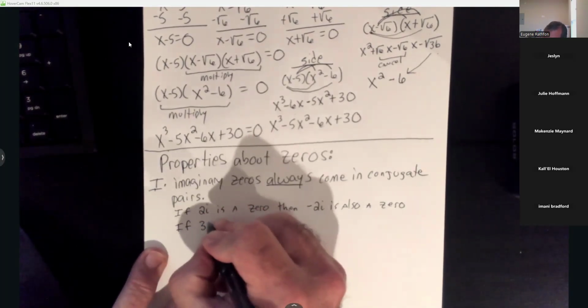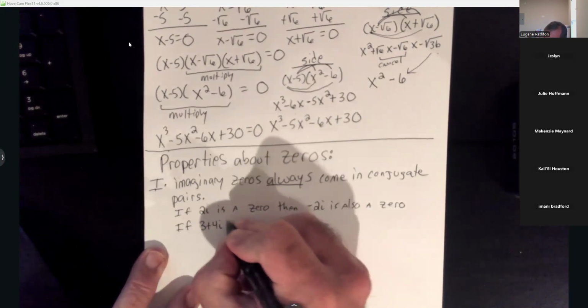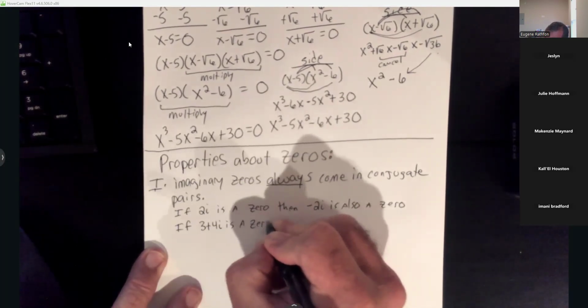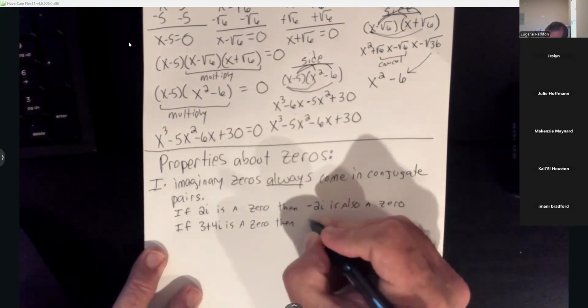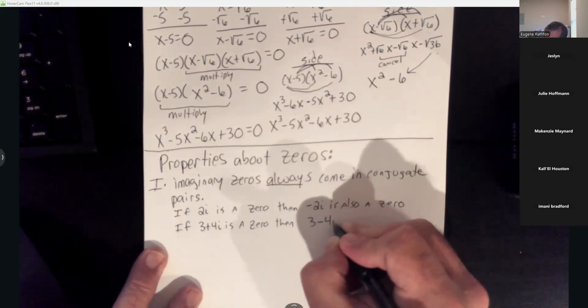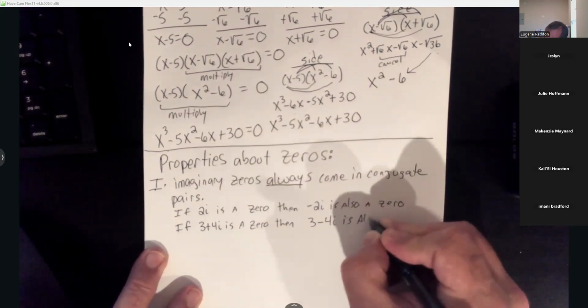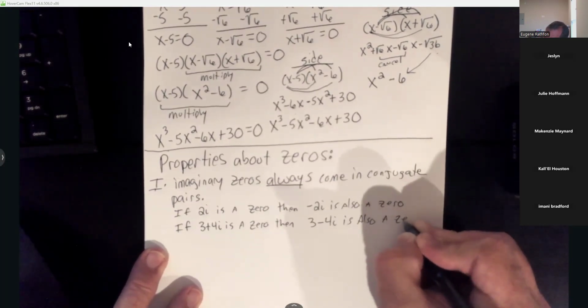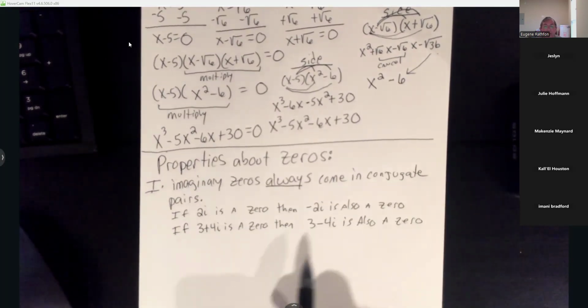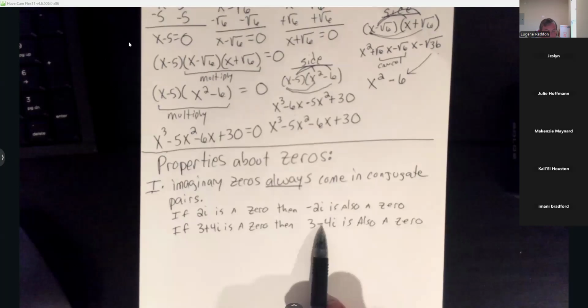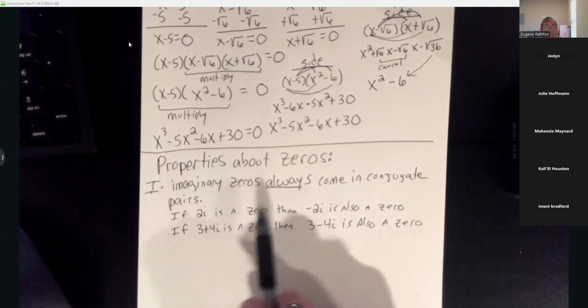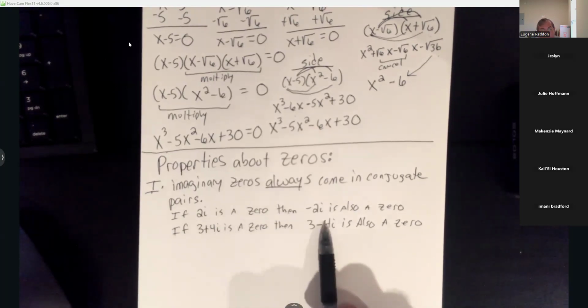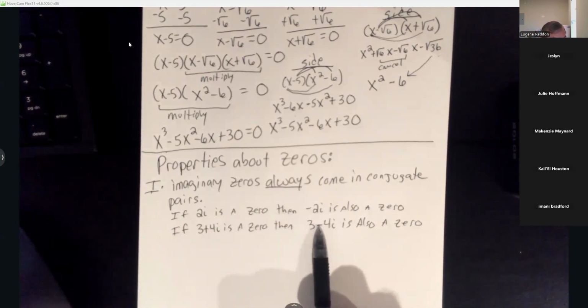If 3 plus 4i is a 0, then 3 minus 4i is also a 0. Conjugate pairs, 3 plus 4i and 3 minus 4i. If one of these is a 0, automatically the other one would be a 0 too, okay?